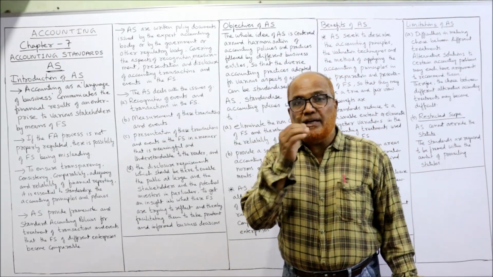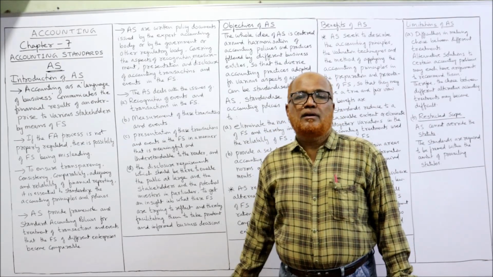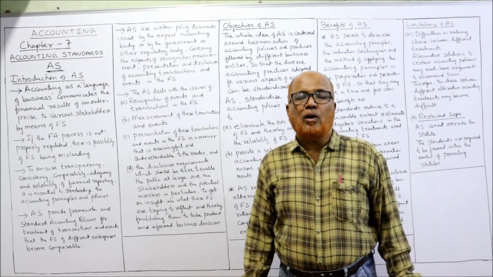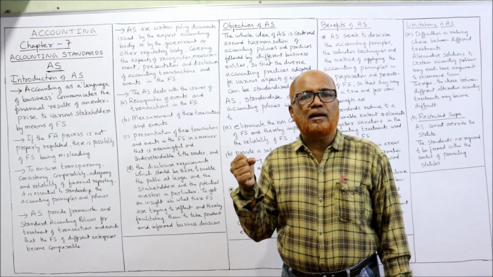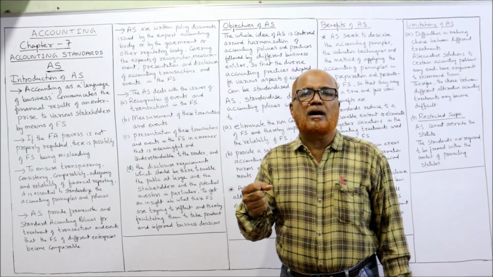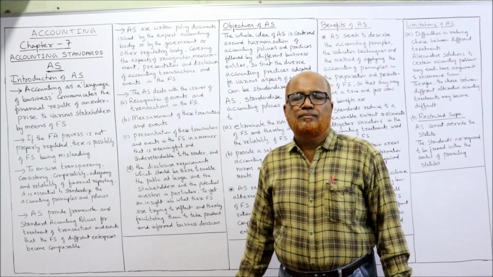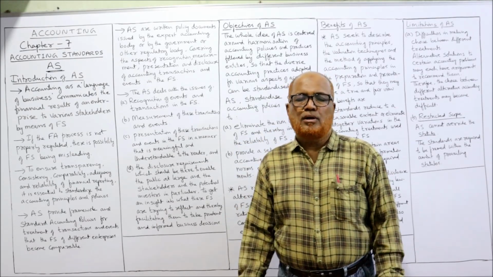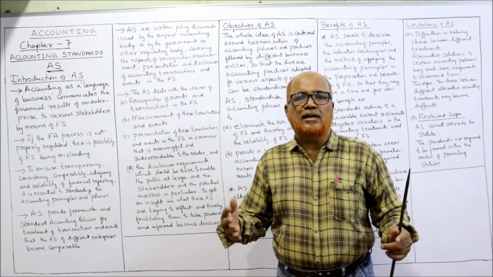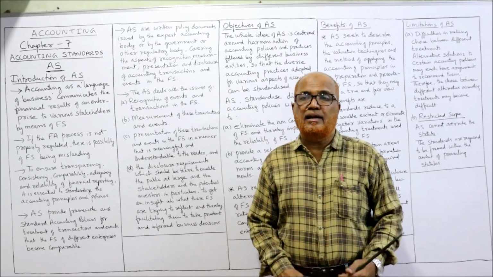So somebody should be there to regulate how to conduct the financial accounting. So there should be some regulatory body to regulate the accounting so that the financial statements should contain the true information, because so many parties will take the decision. It should not be misleading.